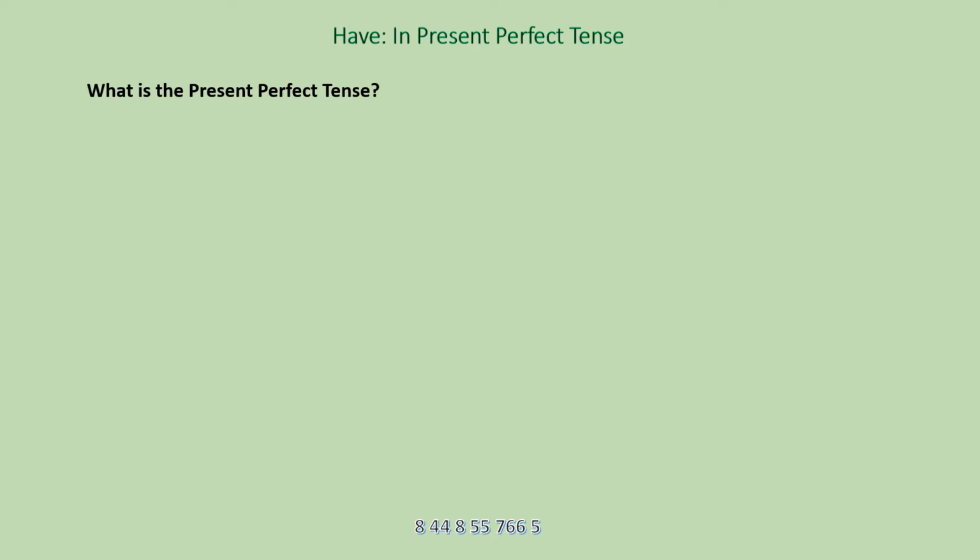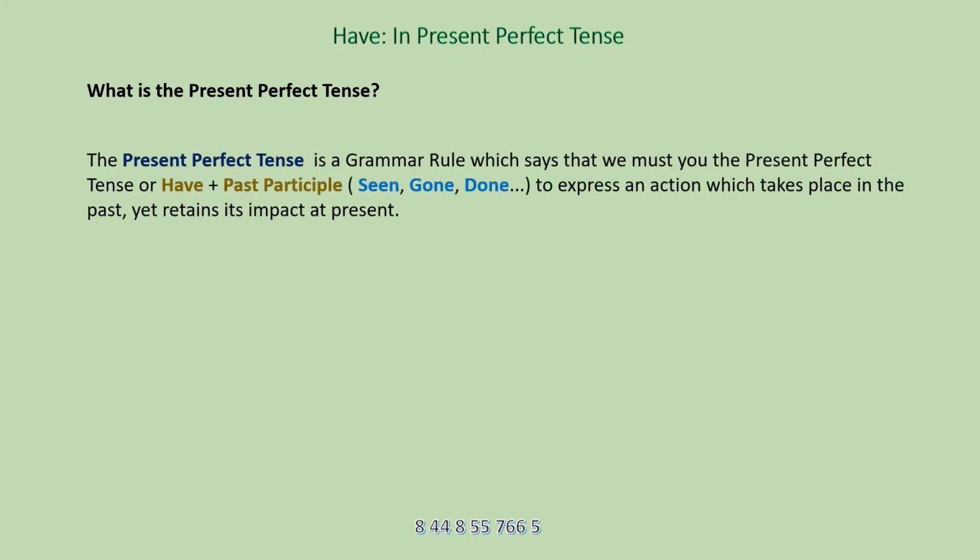Have in the present perfect tense. What is the present perfect tense? The present perfect tense is a grammar rule which says that we must use the present perfect tense, or have plus past participle, that is seen, gone, done, etc., to express an action which takes place in the past yet retains its impact at present.